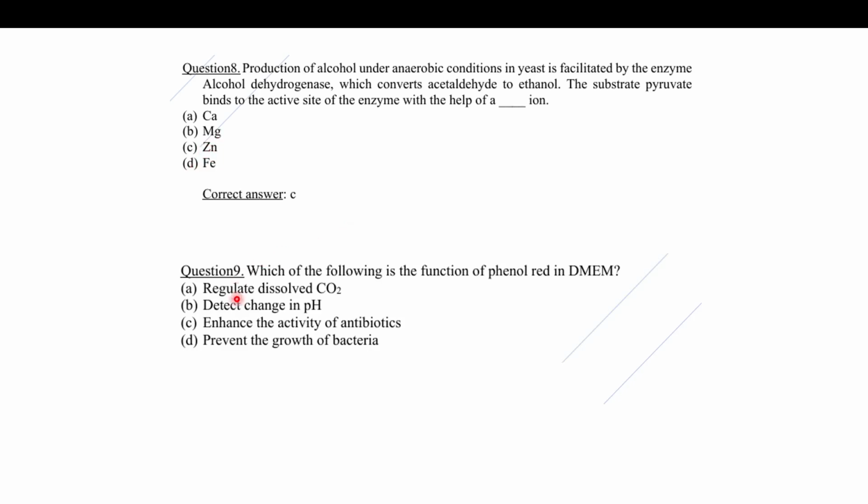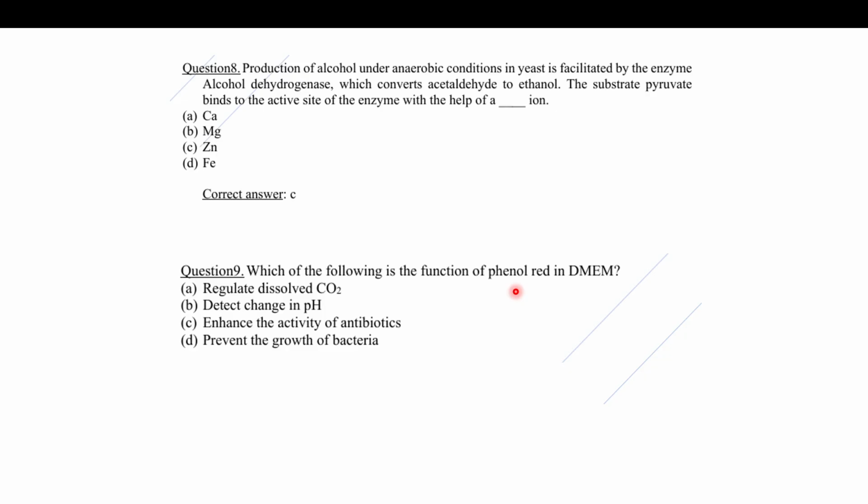Next is, which of the following is the function of phenol red in DMEM? DMEM is the mammalian cell culture medium. We looked at the pictures previously that mammalian cell culture medium is pink in color. In general, we talked about a pH indicator, which is phenol red in this case, which helps to detect if the pH of the medium is more acidic or more basic.